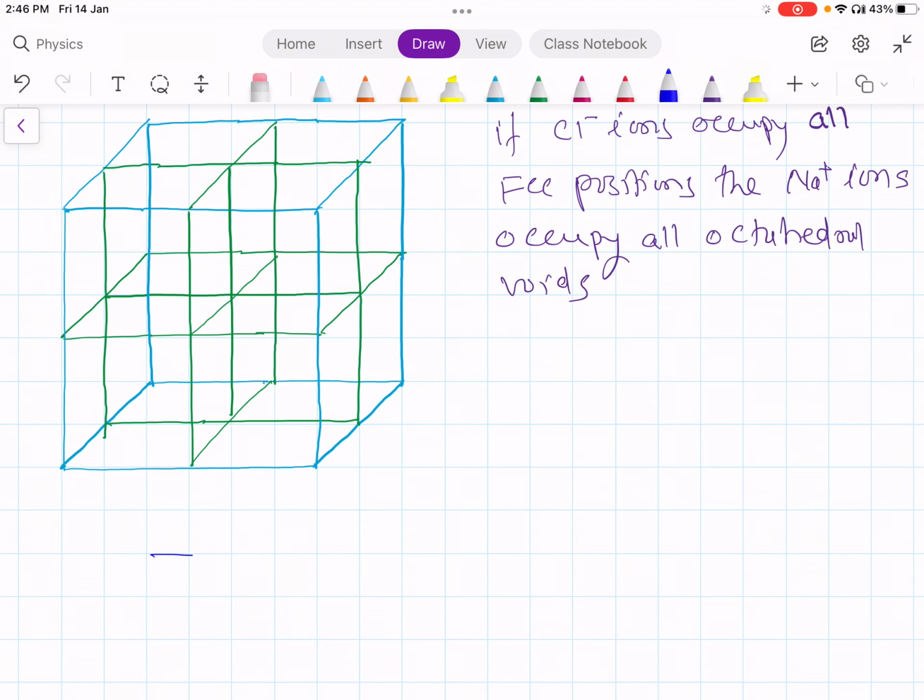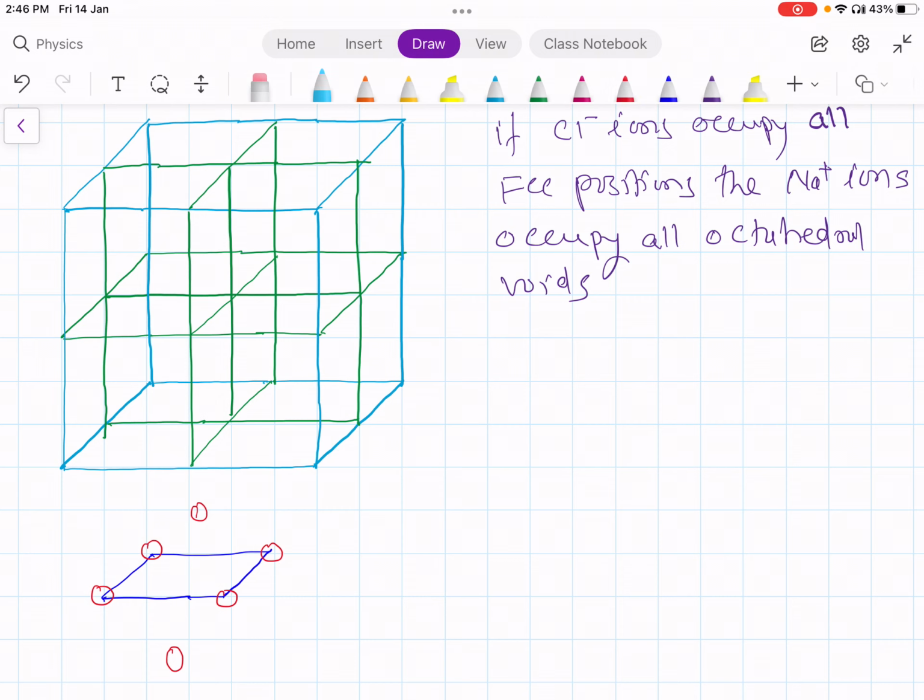In octahedral void, octa means 8. That void is surrounded by 8 faces. For that, there are 4 atoms in the same plane, one atom in the plane above and one in the plane below.